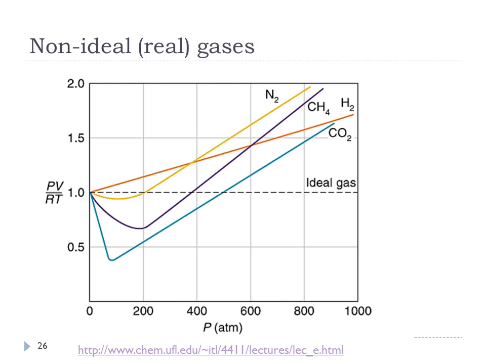It's a very, very small range out near about 500 atmospheres. And that's also the same reason that the methane and nitrogen curves have the shape that they do. What it's saying here is that CO2 has stronger attraction than methane, but methane has more attraction than nitrogen. And of course, hydrogen has virtually no attraction to other hydrogens, which is why you don't even see the dip down in the curve. It just stays above 1 the whole time.